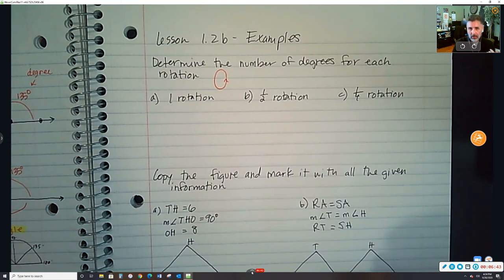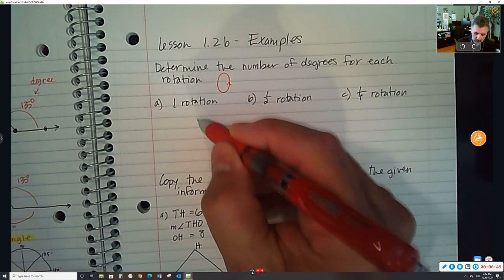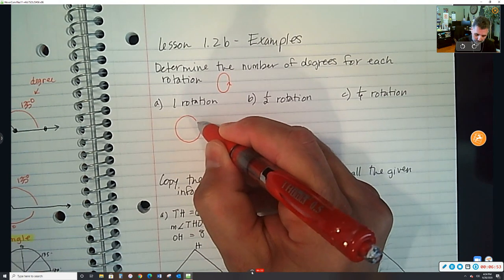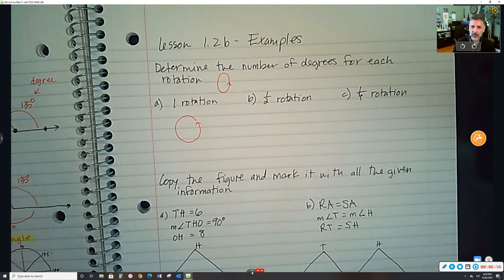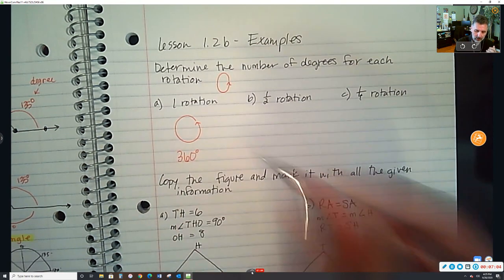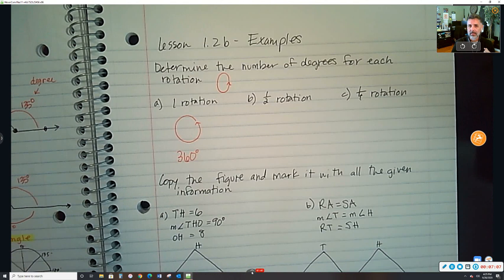I'm not sure where or when you were told this, but one rotation is going all the way around like this. Somewhere you should have been told that that's 360 degrees. If you haven't, well, now you have. That's 360 degrees.